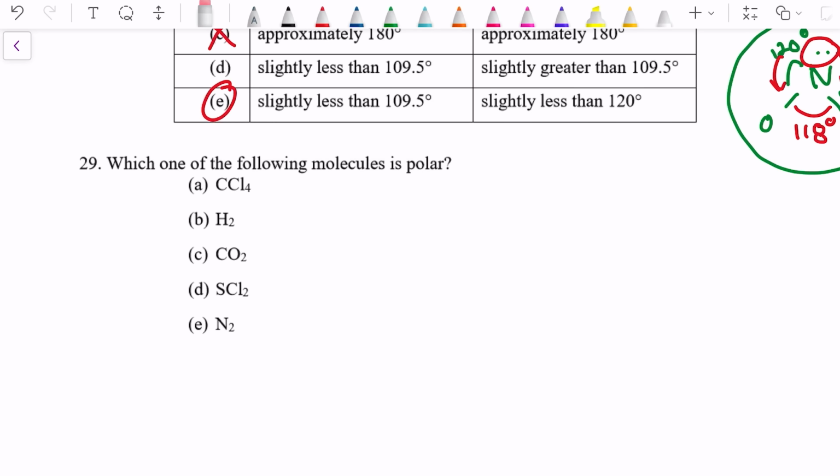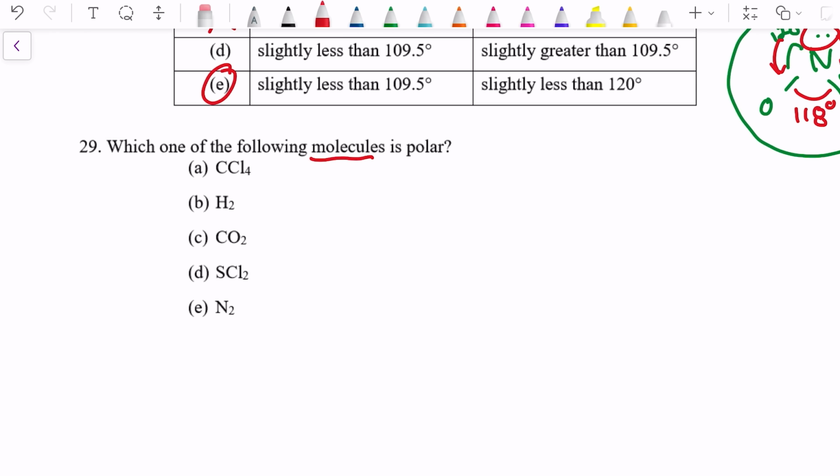28E. Nice. 29. Which one of the following molecules is polar? In this question, let's not confuse molecules with bond polarity. I think there have been some questions previously as to what can be a polar bond. For example, carbon and chlorine would form a polar bond because carbon is much less electronegative than chlorine.